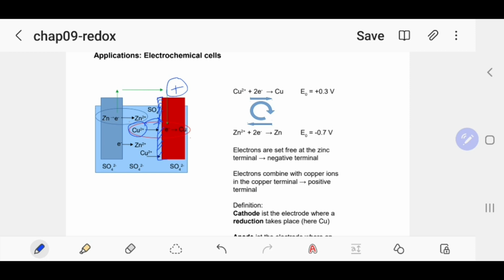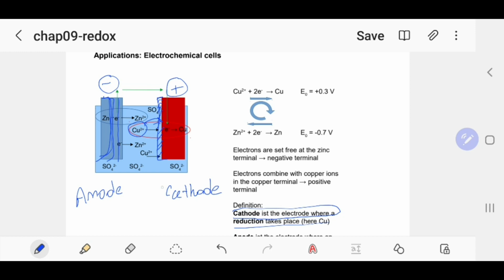And the one that is giving the electrons and that is being reduced, so it's becoming like this until it's totally consumed, is the negative terminal, and it's called the anode. And this one is called the cathode. So the cathode is the one where a reduction takes place.